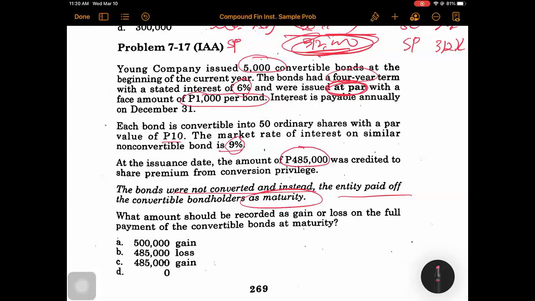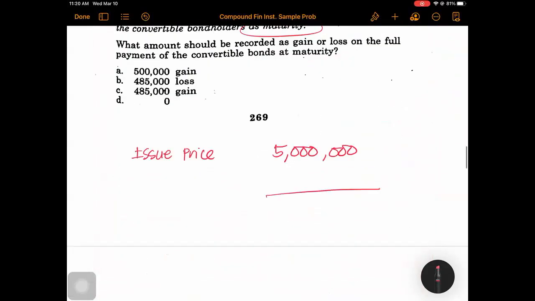At issuance date, the amount of 485 was credited to the share premium conversion privilege. This means the 485,000 is already your equity component.